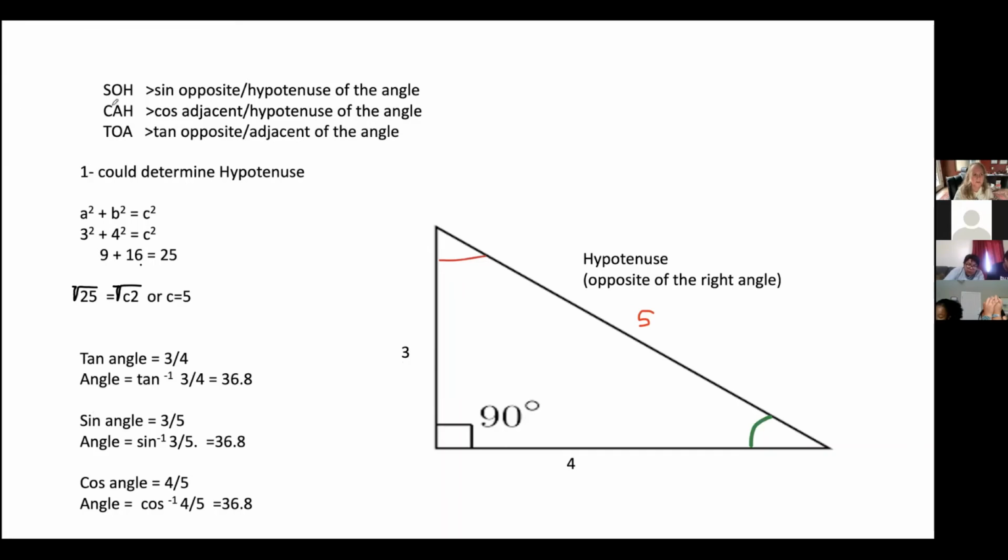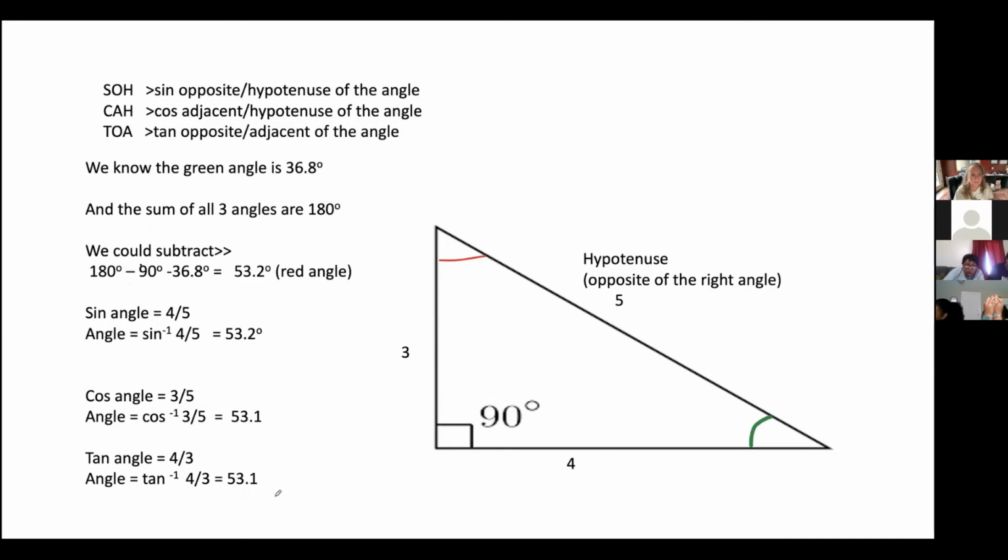And then just to be complete, cosine of the angle is the adjacent over the hypotenuse, 4/5. So the angle is inverse cosine of 4 divided by 5, and 36.8 works. You'll see this formula a couple times, but remember it's SOHCAHTOA.